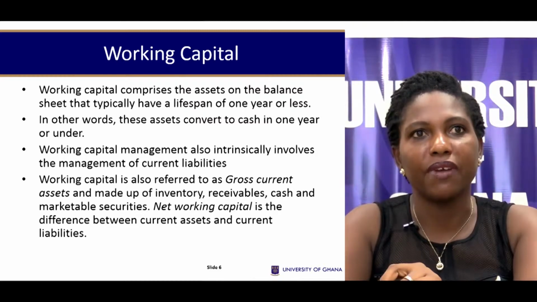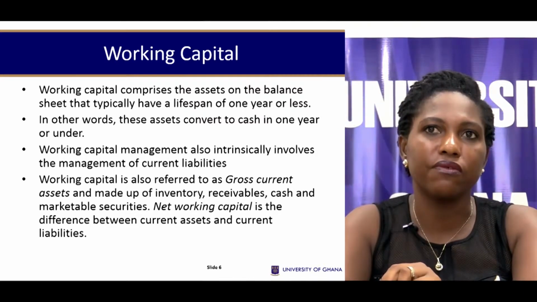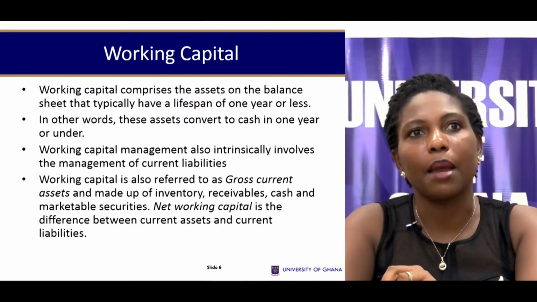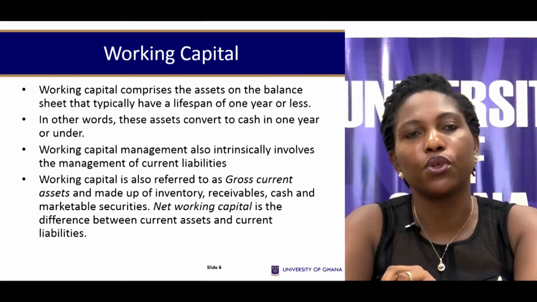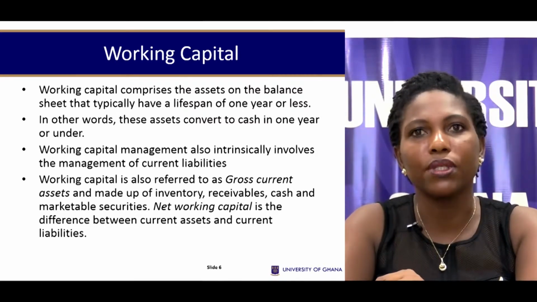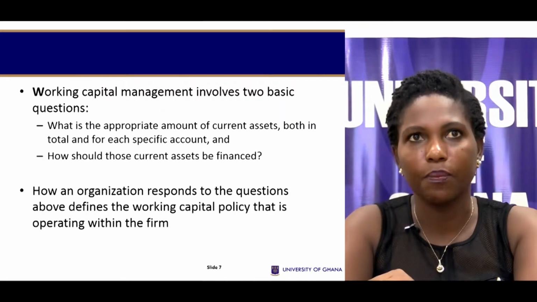Now, we could refer to working capital as gross current assets, and this is made up usually of inventory, receivables, cash, and marketable securities. Now, net working capital is usually the difference between what we have as our current assets and what we also have in our books as current liabilities.